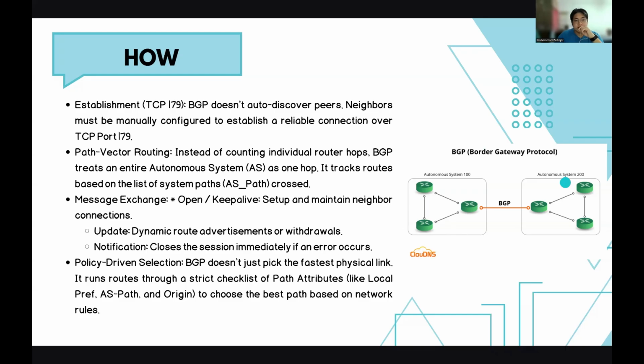BGP does not discover its neighbors automatically. Instead, peers must be manually configured to establish highly reliable point-to-point connections over TCP port 179.